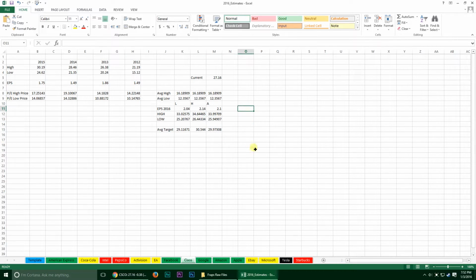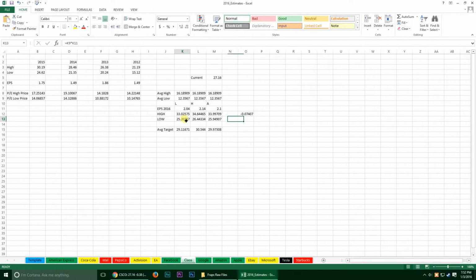So if you want to see a percentage, all you have to do is take the price that you sell it at, which worst case scenario would be 25 approximately over here, minus what you purchased it at, which is about 27, and you divide that by what you purchased it at.